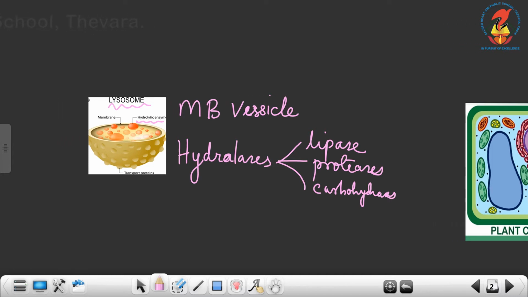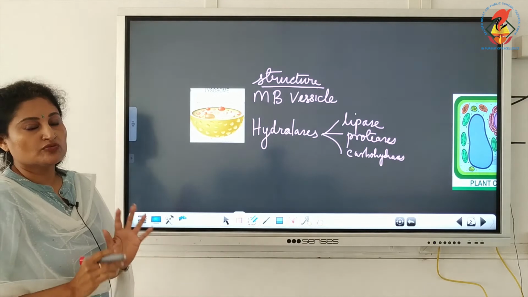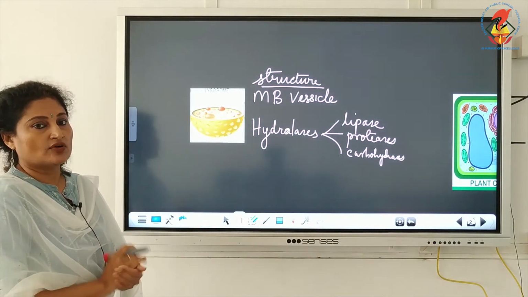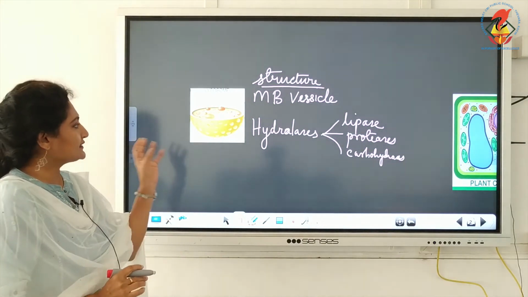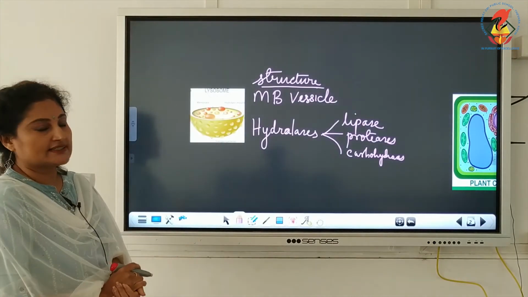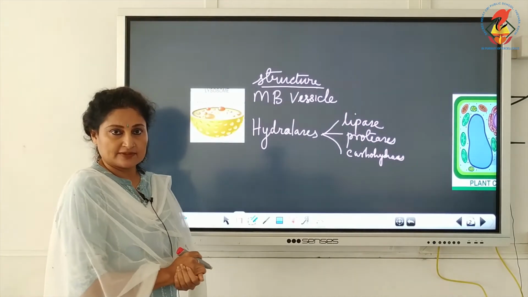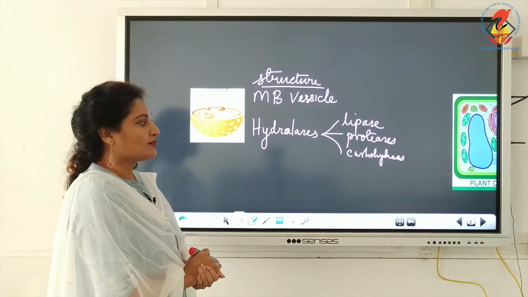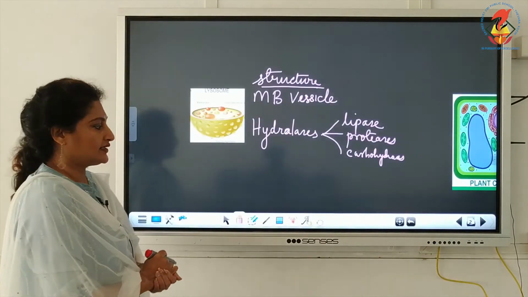So, once again the structure of lysosomes: they are membrane bound vesicles synthesized by Golgi apparatus. What does it consist of? It consists of hydrolytic enzymes, hydrolases like lipases, proteases and carbohydrases.